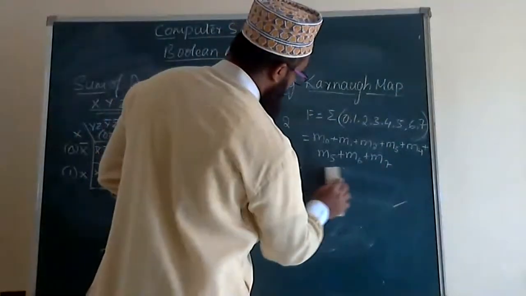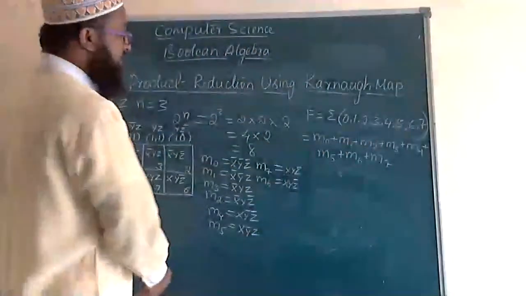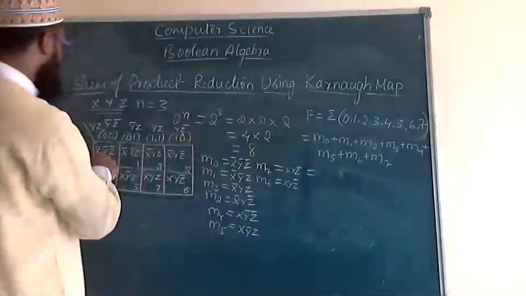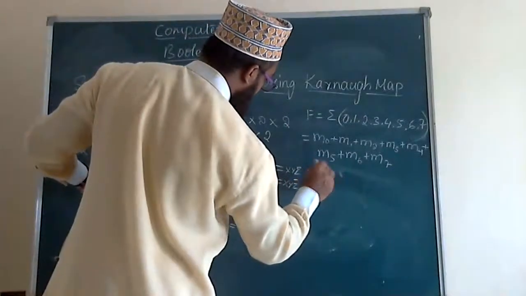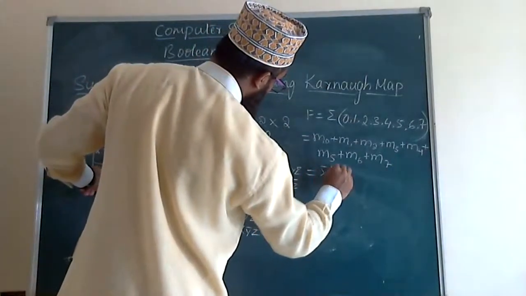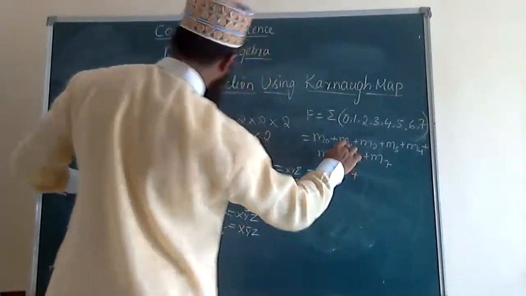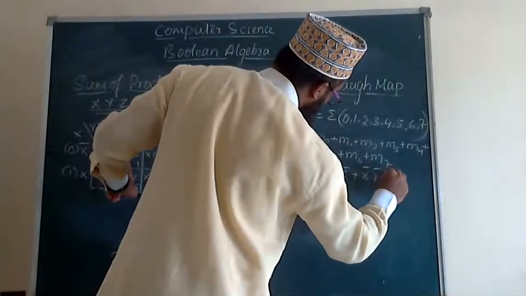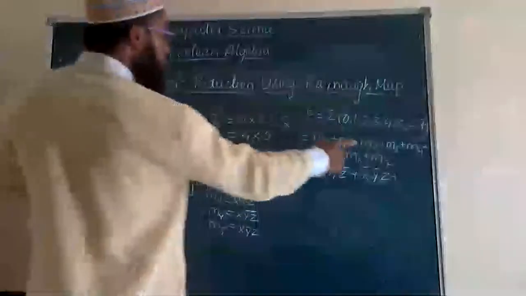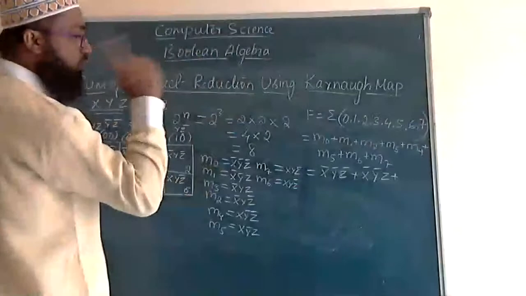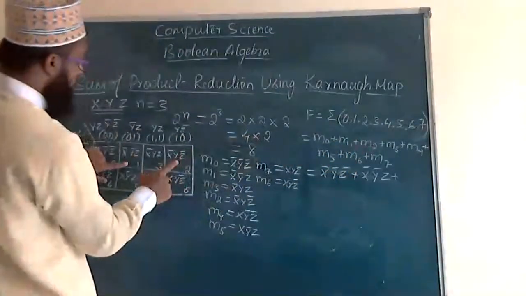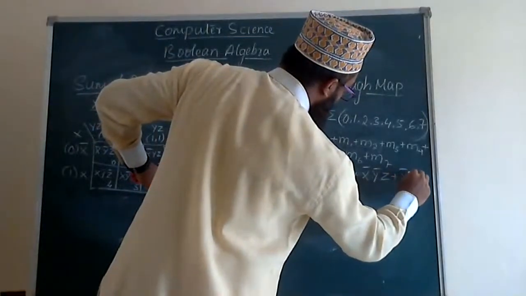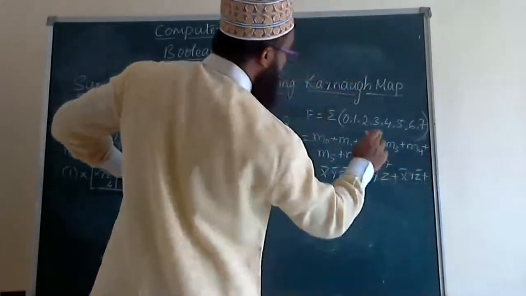Now I will write the expression for this, or I will write the min terms of every square here. M0 is x bar, y bar, z bar, plus M1, x bar, y bar, z, plus m2. You have to remember here, for this square we need to write x bar, y, z bar, plus then m3.